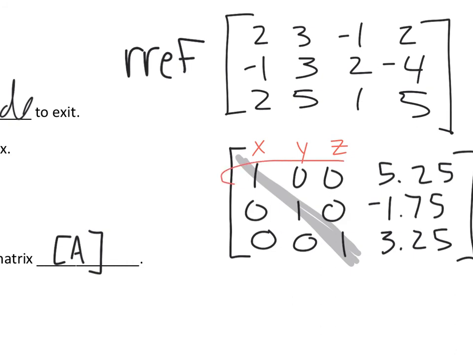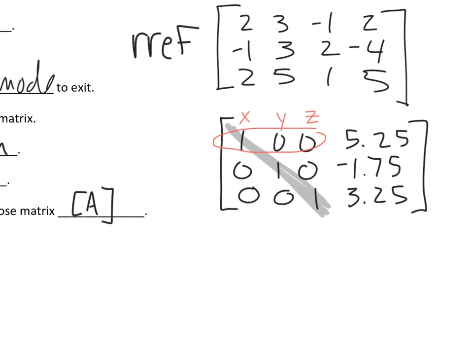So if you look at this part of the equation real quick, it's 1x plus 0y plus 0z. In other words, there is no y and there is no z in that equation. There's zeros in that spot. So the only variable that's there is the x variable. So this entire line right here, including the 5.25, reads x equals 5.25.